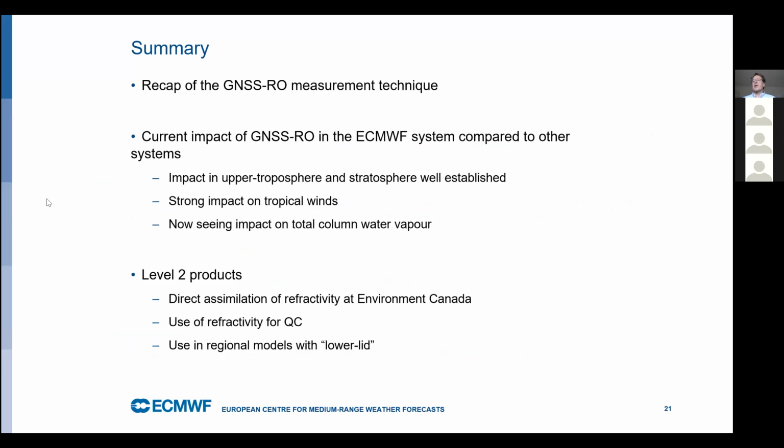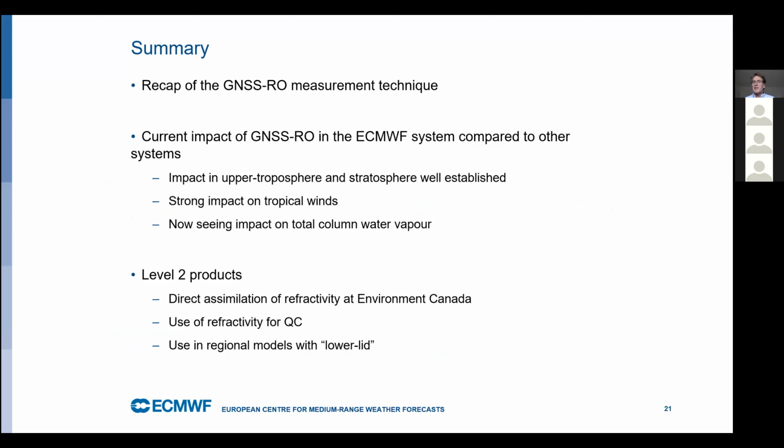Thank you, Axel. I don't want to cover this much more. We've tried to give a brief recap of the measurement technique that Christian went through in detail, and shown some current impact experiments using bending angle in the ECMWF system. The point I would make is that RO has a very big impact on upper troposphere and stratospheric temperatures.